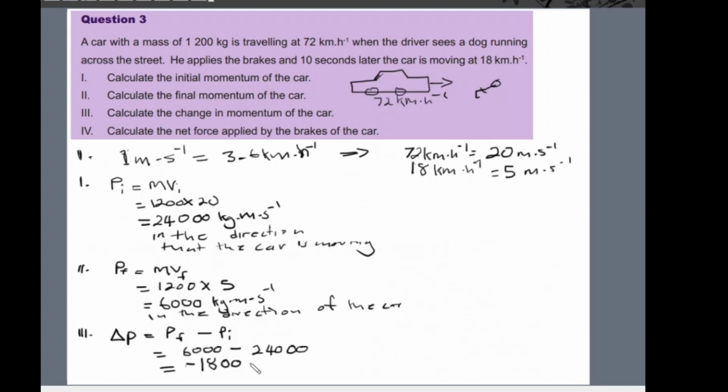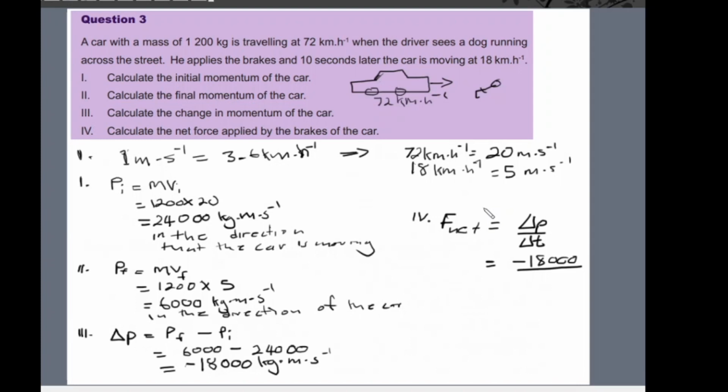With delta P, that's change in momentum, it's minus 18,000. And then the time is given in the question, that's 10 seconds. So the net force is equal to minus 1,800 newtons. So the force that is applied by the brakes of the car is 1,800 newtons in the opposite direction that the car is moving.